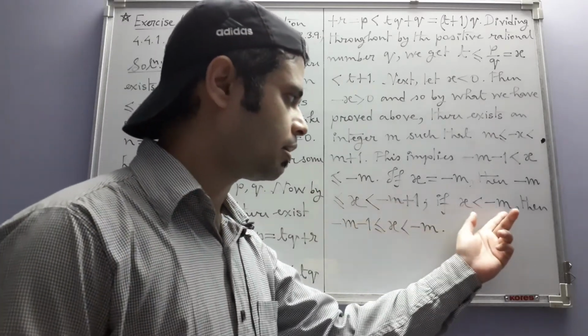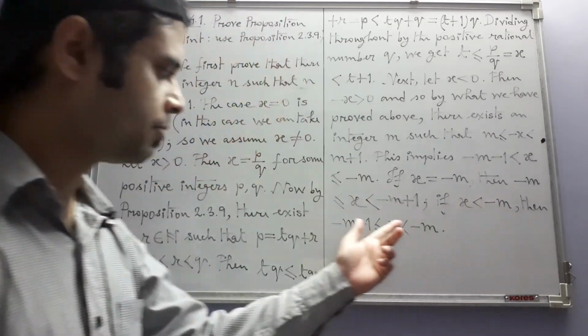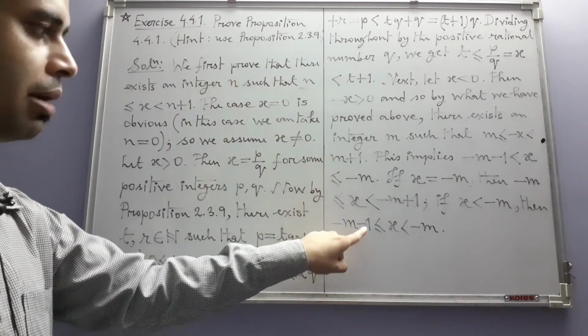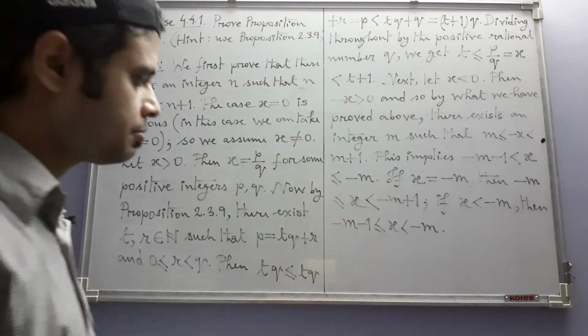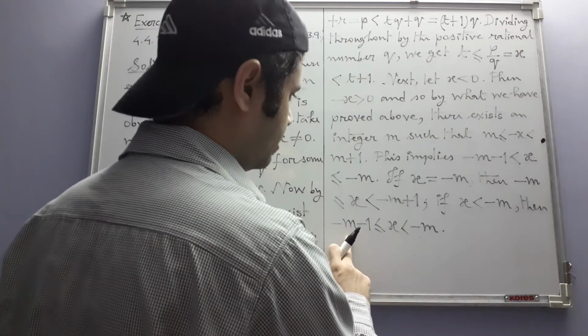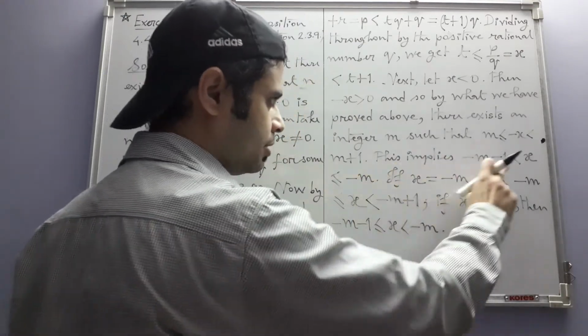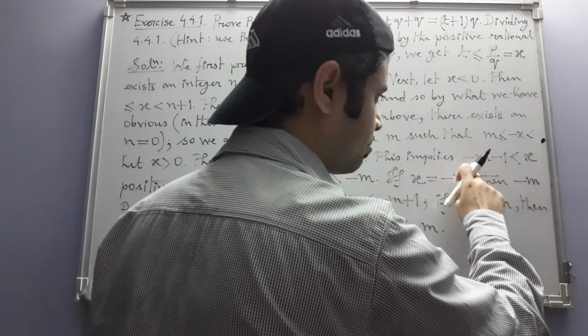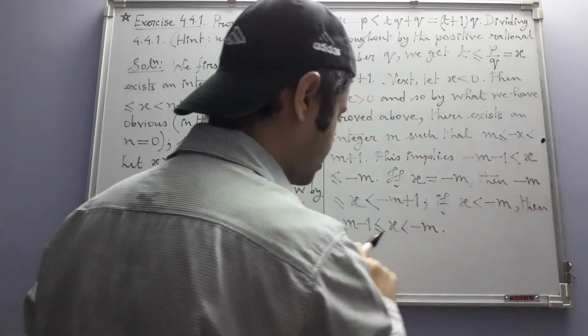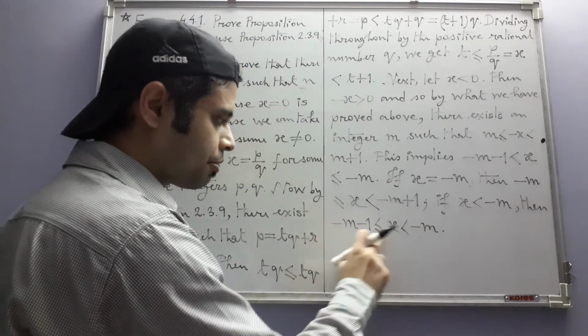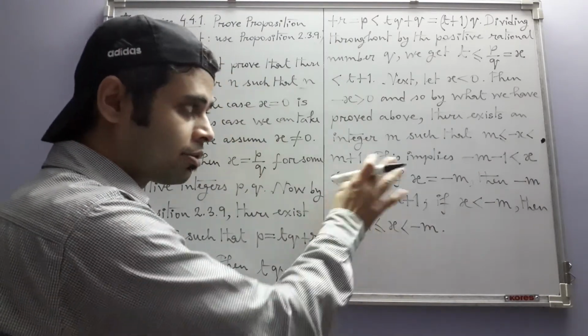And in the case where x is strictly less than minus m, then in place of n we can choose minus m minus 1. Okay, and since we already have these inequalities, this strict inequality where minus m minus 1 is less than x also implies the non-strict inequality. The converse is not true.